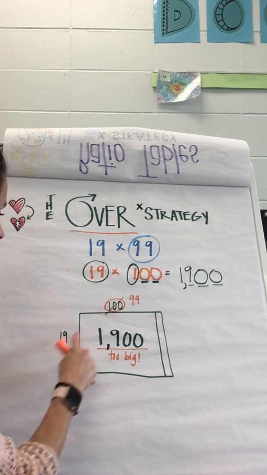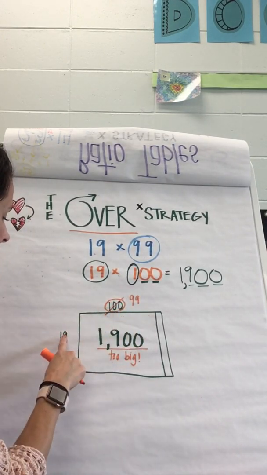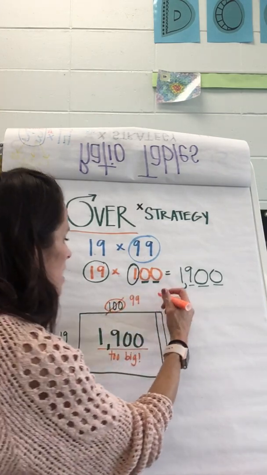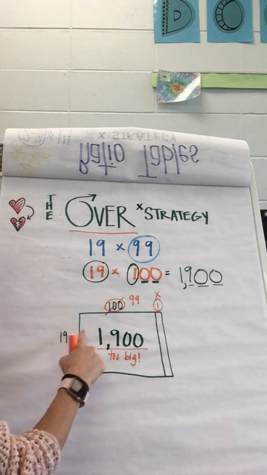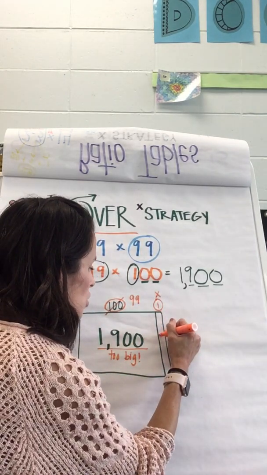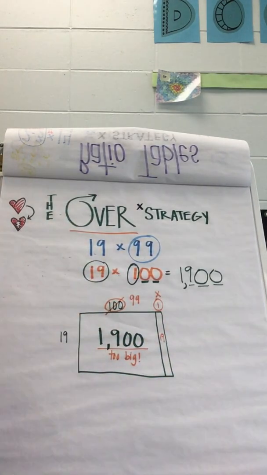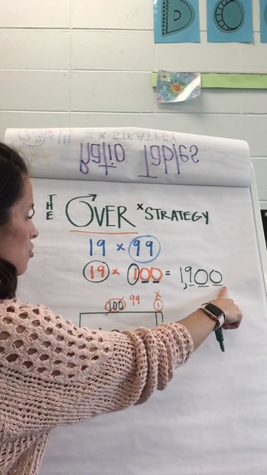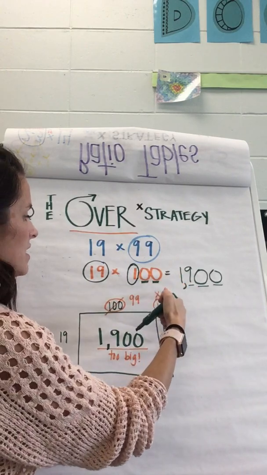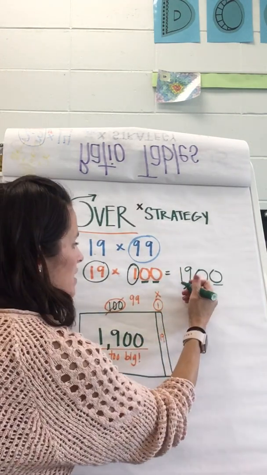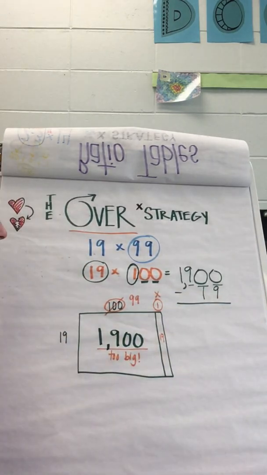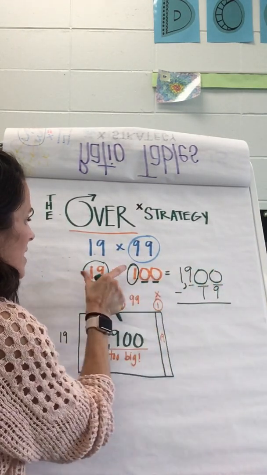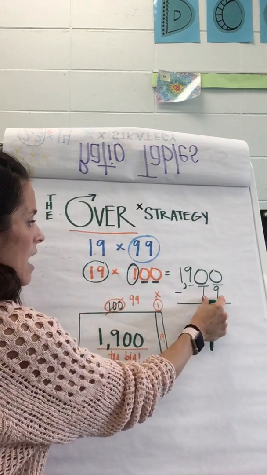So in order to just do 19 times 99, we did 19 times 100, but we have to take one group out. So 19 times 1 group is just plain old 19. So we have 1,900, but I have to take one group out. So I have to take 19 away. And so the real product would be whatever 19 times 100 is minus that one group.